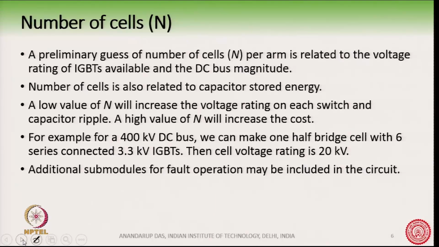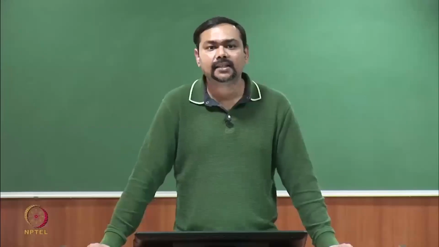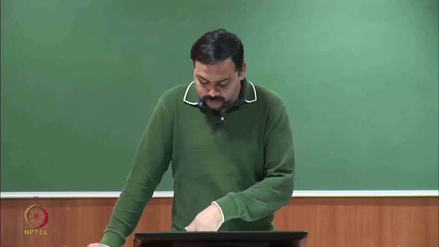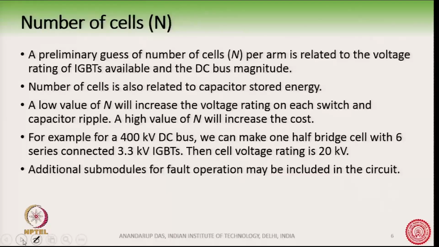So, for example, for a 400 kV DC bus, we can make one half bridge cell. The other possibility is also to use many series connected IGBTs as a single switch in the half bridge. So, you can make one half bridge with 6 series connected 3.3 kV IGBTs, then the cell voltage rating becomes 20 kV.